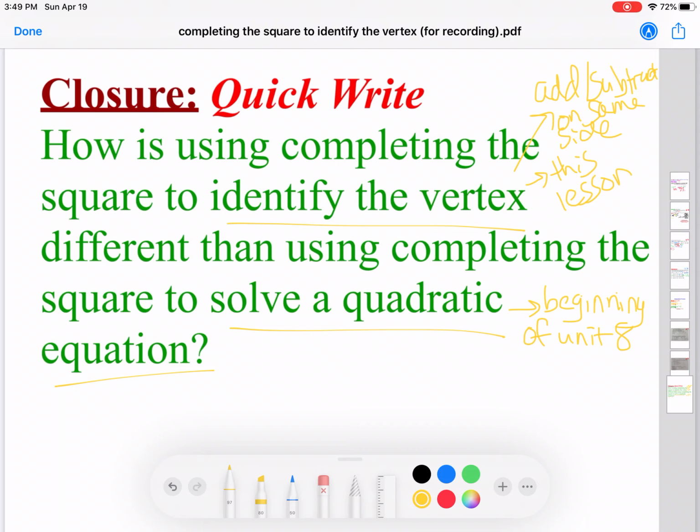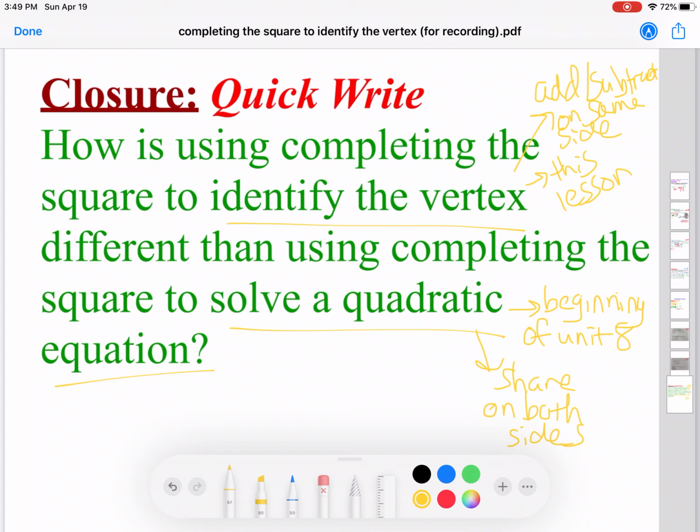So we had to both add and subtract that half square share number in order to balance our equation. However, when we were solving a quadratic equation, this was when we share on both sides. So after we did our half square share, we would share that number on the left side and the right side. We were working with both sides of our equation.